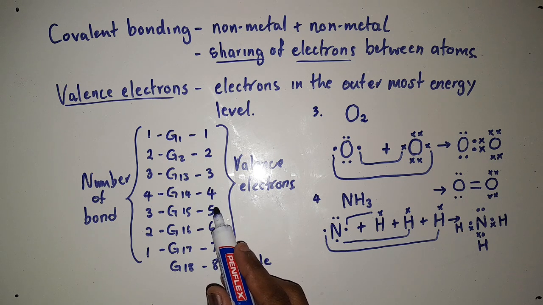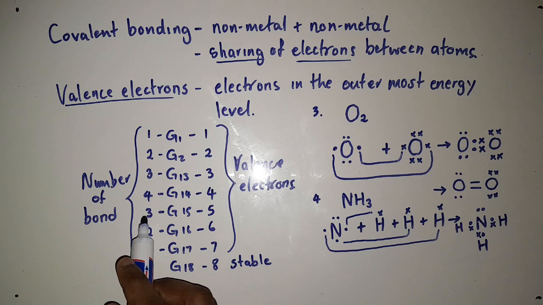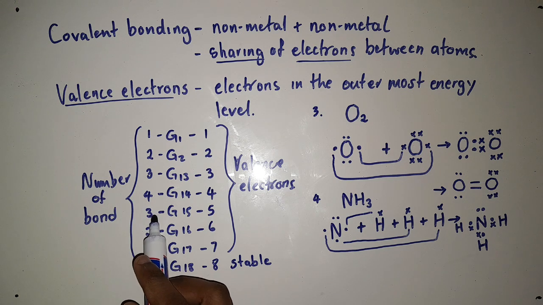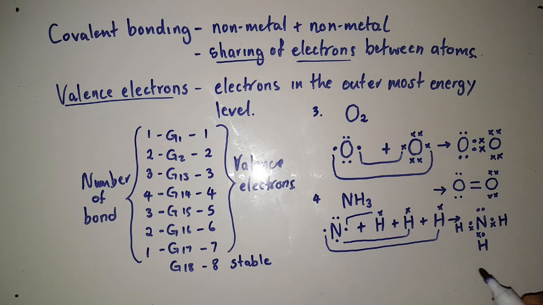Then as for the number of bonds, we are going to get a situation now with 3 bonds, and which is true. Let us check on our diagram. You see, for dot and X, we are going to get a bond like this.